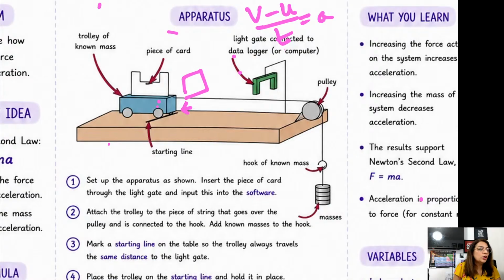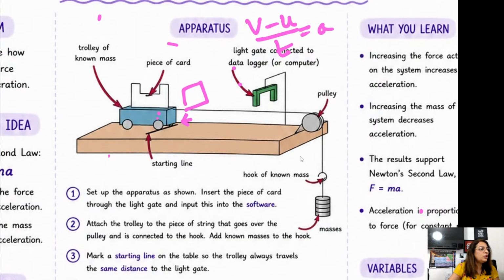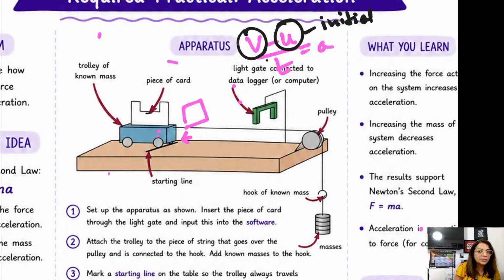Saif, thank you. Which one is the initial velocity? Is it v or is it u? In the chat again. What is my initial velocity? V or u? U is initial. Very good. Initial. And v is the final velocity.